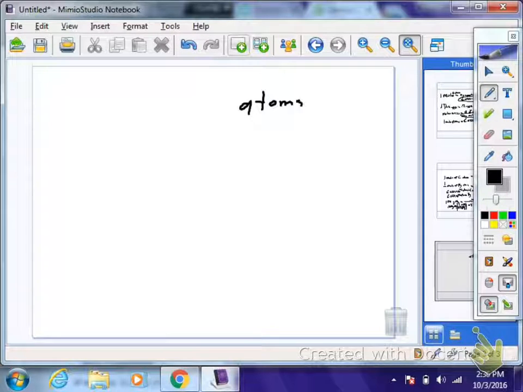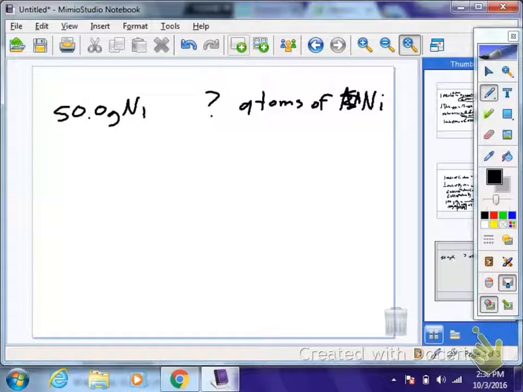I want to know atoms of nickel. Okay, and I know how many grams I have. I've got 50 grams of nickel. So I want to know how many atoms, not moles of atoms, but atoms.